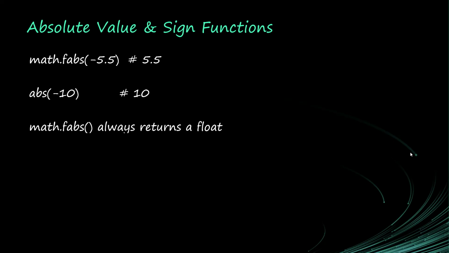But the abs function returns an integer for integers. Abs works with floats, integers, and complex numbers, so it returns the absolute value whether it is an integer, float, or complex number.